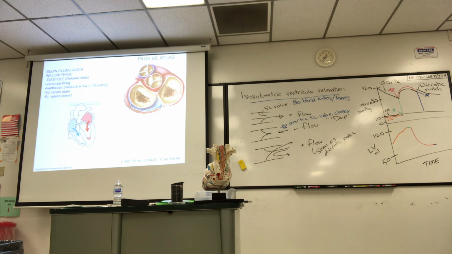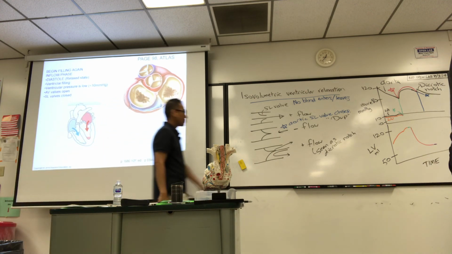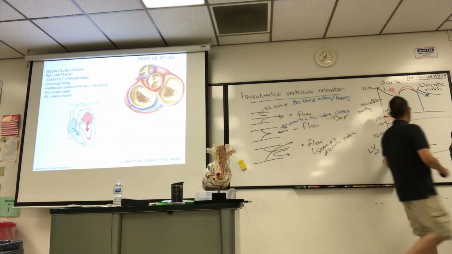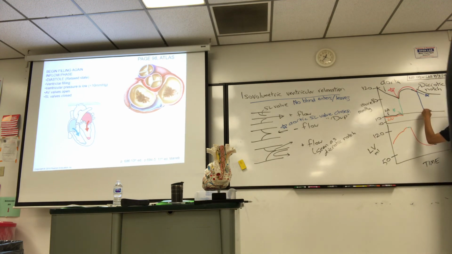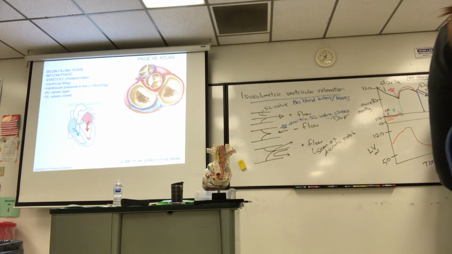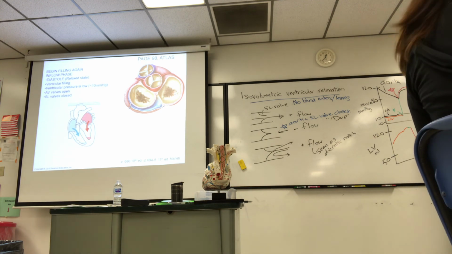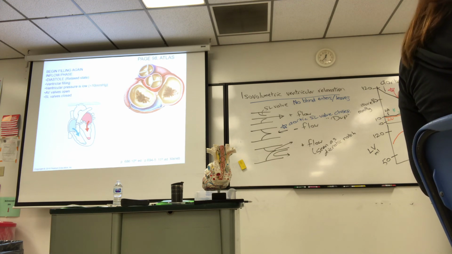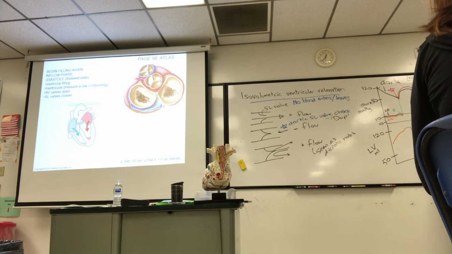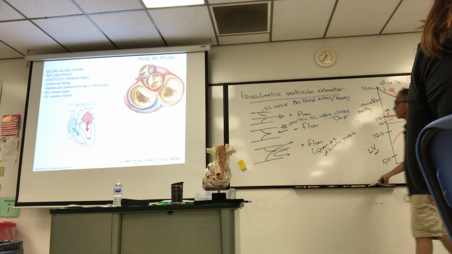So, as soon as pressure of the ventricle drops below that of the atria, I'll use orange again, right there. At that point, right there, I'll use orange. That's when the bicuspid valve opens again, and you can fill for the next cardiac cycle.